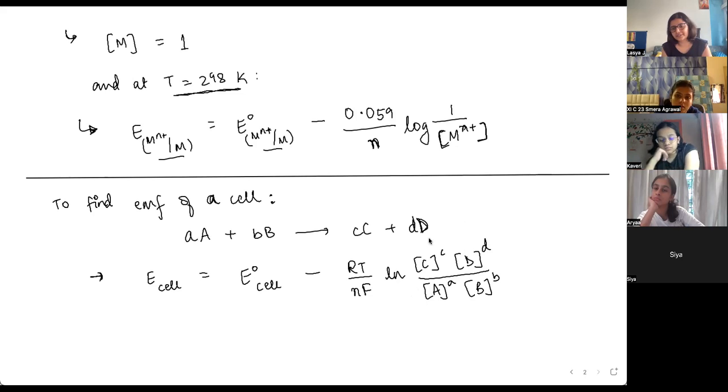On the RHS copper is getting reduced, so that's going to be solid metal. So one of them is going to become 1. So essentially it's just in the products whatever is in the aqueous state, or in the reactants whatever is in the aqueous state, that's what you'll have to consider in this situation.